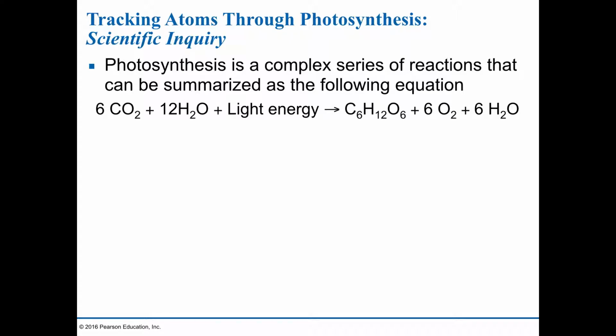It actually produces a 3-carbon sugar that is used to produce glucose. We also start off with 12 waters and end up with 6. But these numbers are specifically written here rather than just canceling them off of each other because we actually begin the process with 12 water molecules, we use them all up, and then we end up with 6 newly formed water molecules.